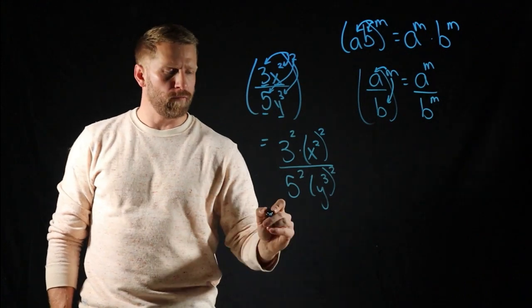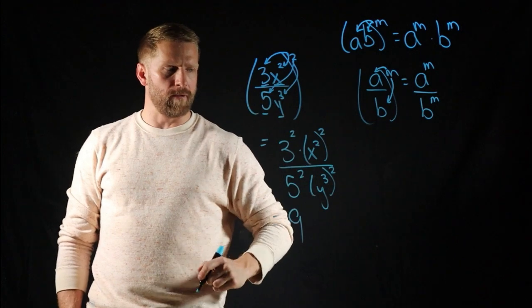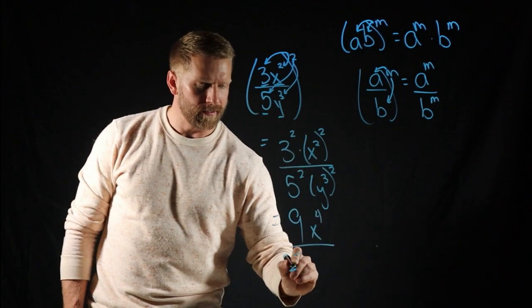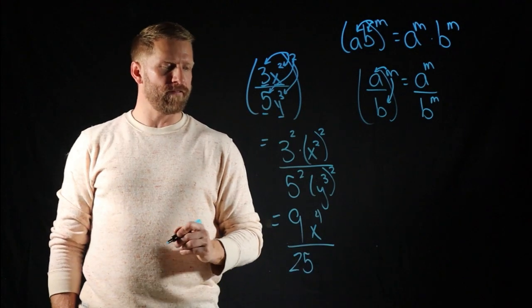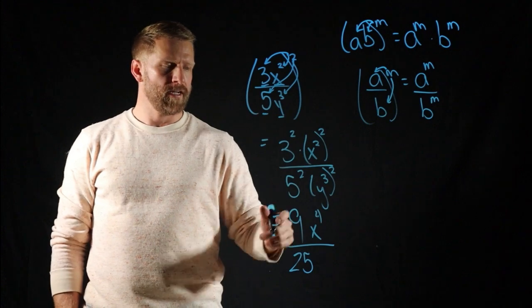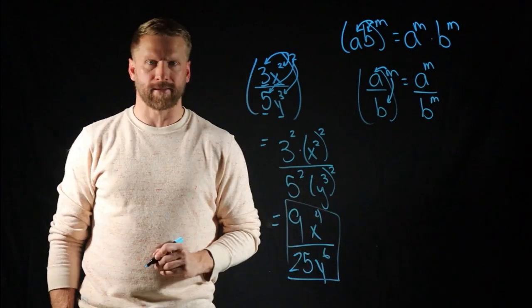Applying that power of a power rule again, 3 squared is 9. When I have a power to a power, I multiply. 2 times 2 gives me x to the 4th. And then 5 squared is 25. And then again, I'm multiplying these exponents here because it's a power of a power law. 3 times 2 is 6. I get y to the power of 6.